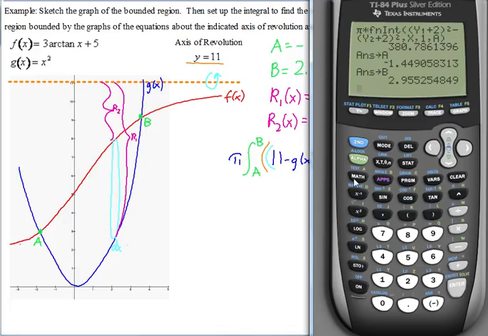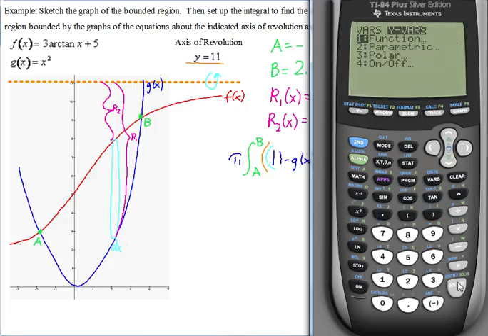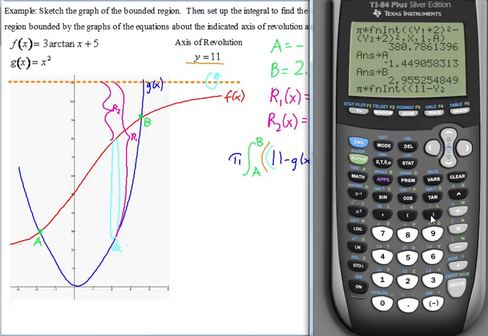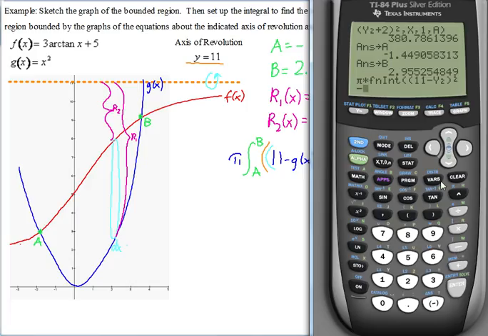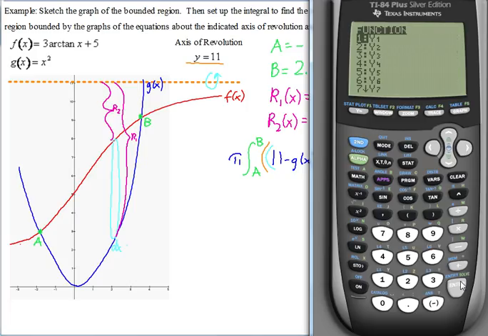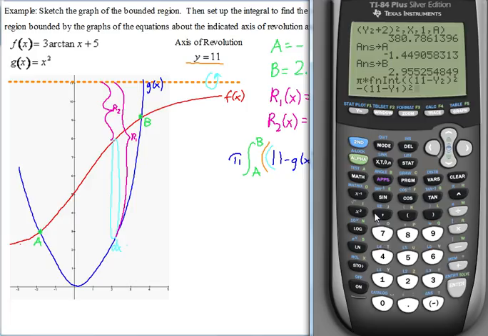And then we can go ahead and integrate this. So math, actually before we do that, I'm not going to forget here to put the pi first. So second pi times math number 9 function integrate. And then we want parentheses, because we want to take the 11 minus g of x, which was y2, close parentheses squared, minus, open parentheses, 11 minus f of x, which was y1, squared, and then comma, x, comma, lower limit is alpha a, comma, upper limit alpha b.